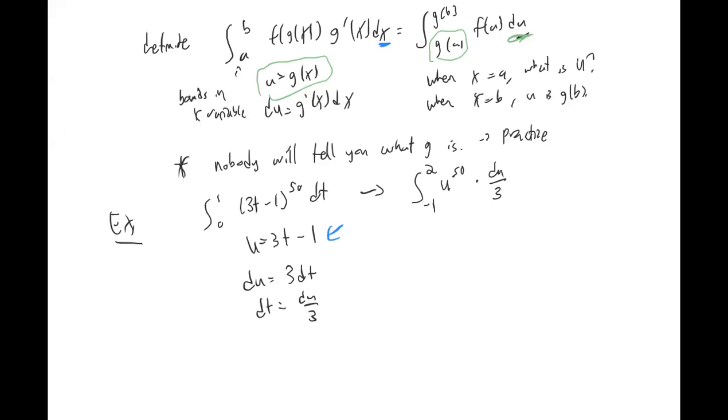And here, this is simple. This is 1/3 times u to the 51 over 51 evaluated at these bounds. Here's the nice thing: you don't need to move back to t coordinates. For the indefinite case you probably do, but here you can just evaluate in the u bounds. So your answer is 2 to the 51 minus 1 over 51.